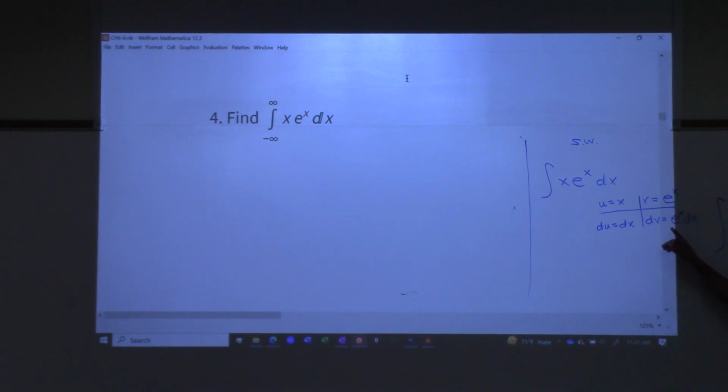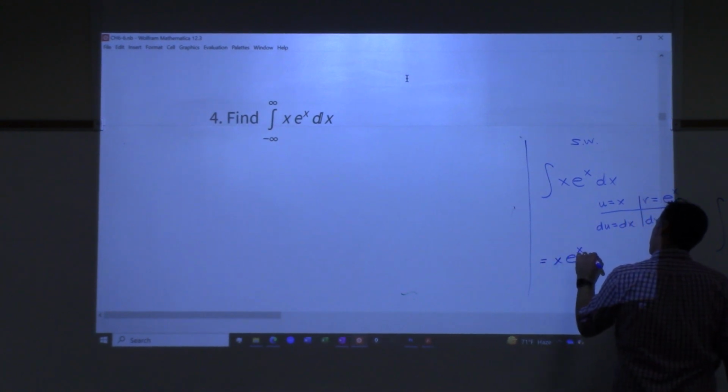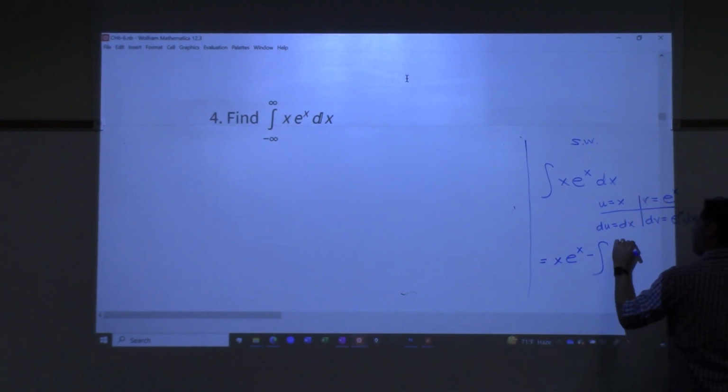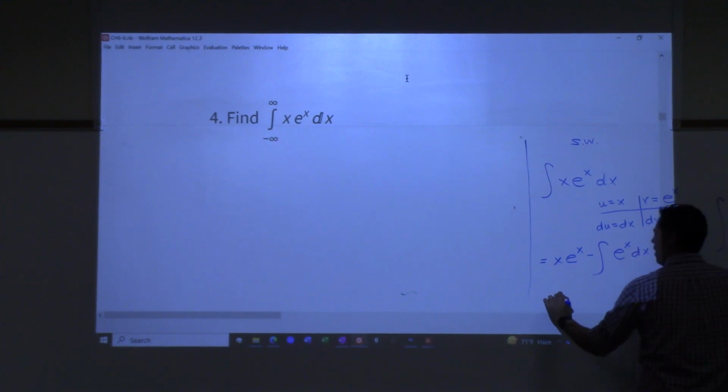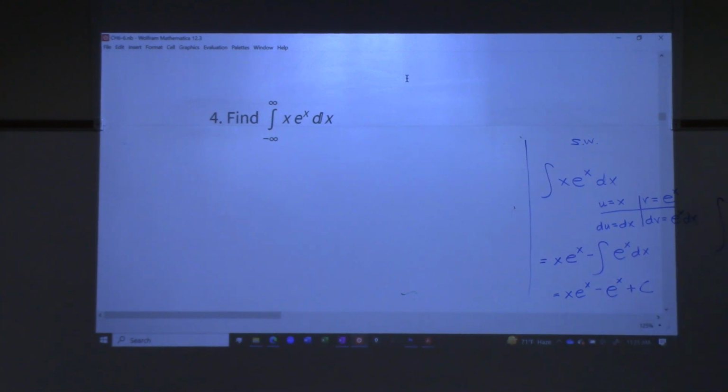I'm going quickly because we've already done this before. So uv minus the integral of v du, and that's uv minus the antiderivative of e to the x, which is itself, plus some constant. That's just me finding the antiderivative. I'll use that in a moment.